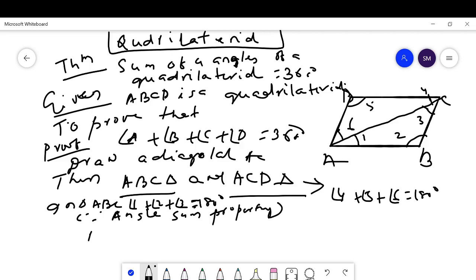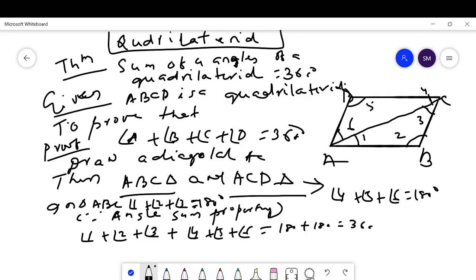Then angle 1 plus angle 2 plus angle 3 plus angle 4 plus angle 5 plus angle 6 is equal to 180 plus 180, which equals 360 degrees.